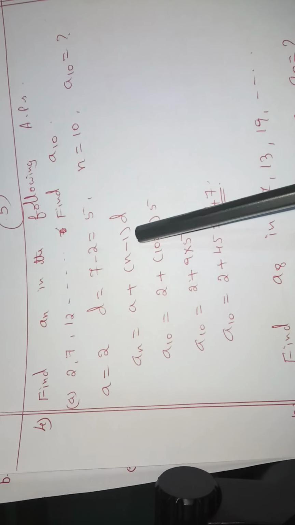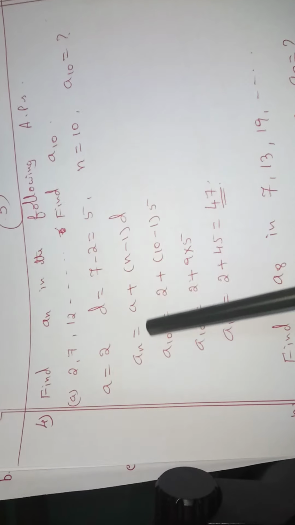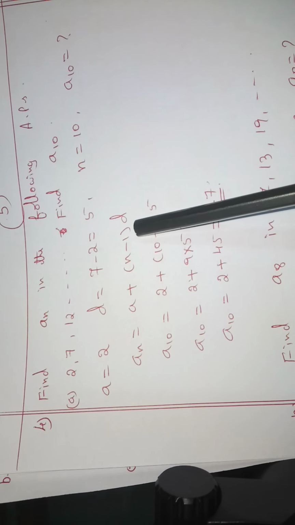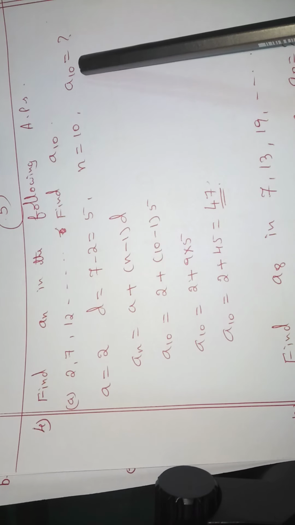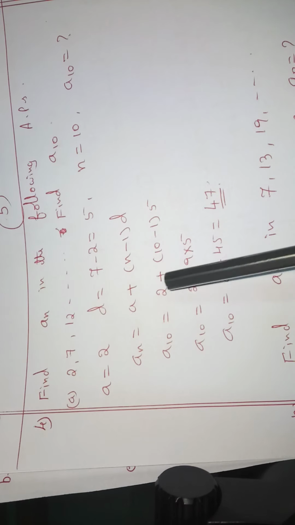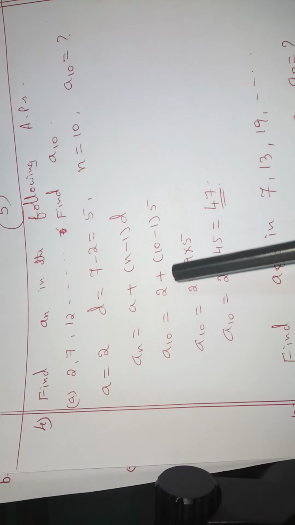Then let us write the formula. Only one formula known to us. AN is equal to A plus N minus 1 into D. Next, in place of AN, A10 is equal to, in place of A how much we have to write? 2.